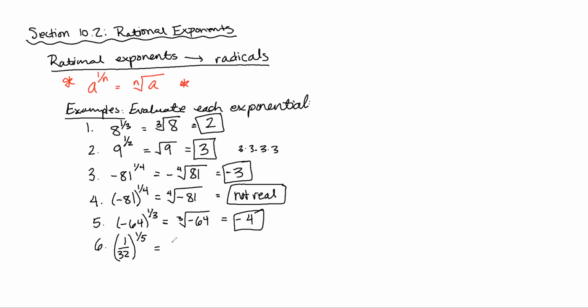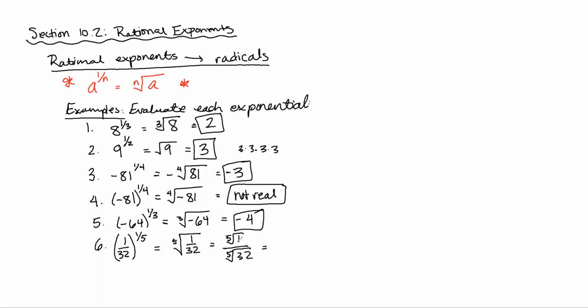So what we're going to do here is, again, take the 5th root of the number inside those parentheses. So in this case, it's 1/32. And so we saw this rule last time. We haven't formally gone through it yet, but this is another little introduction to it. We can split this up. So we take the 5th root of the 1 on top and the 5th root of the 32 on the bottom.